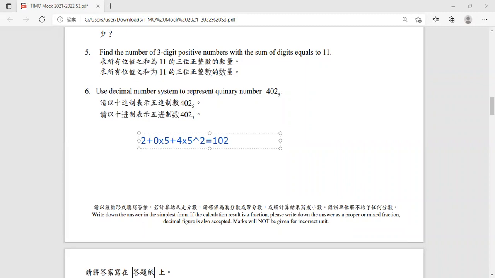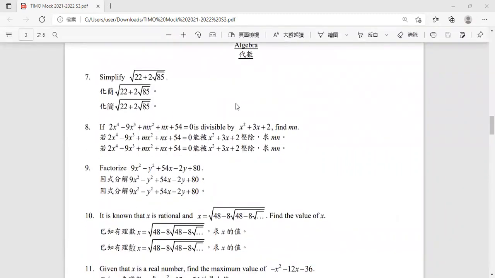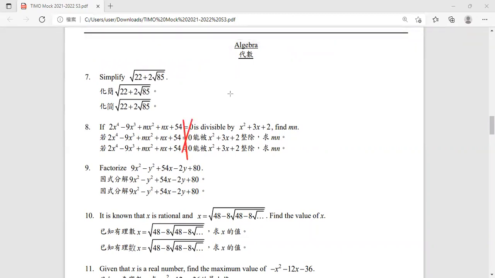Nothing special. Very easy. Okay, Question 7. For those who are doing it before I discuss, this is not equal to 0.